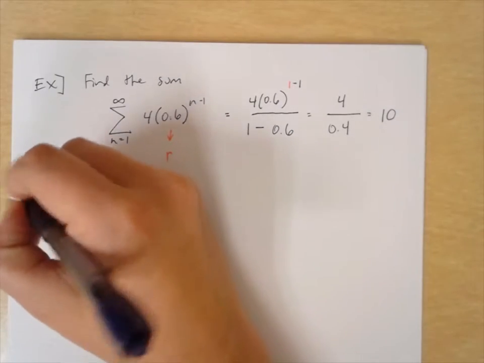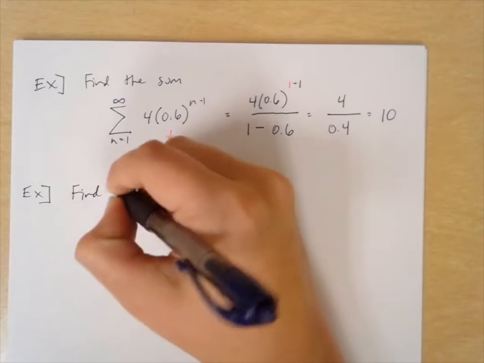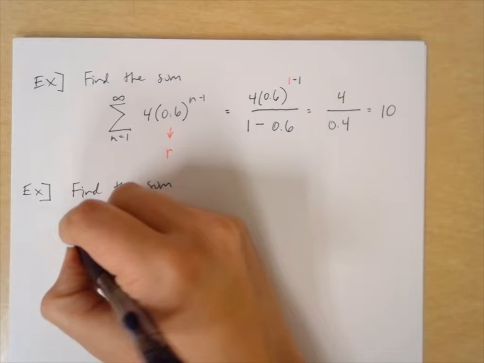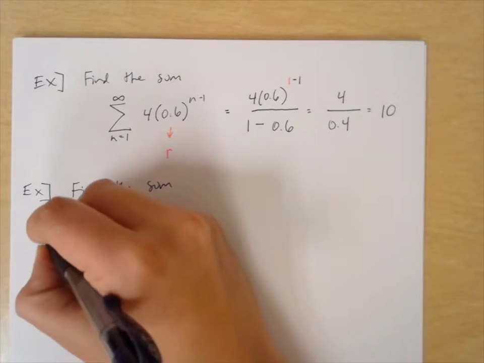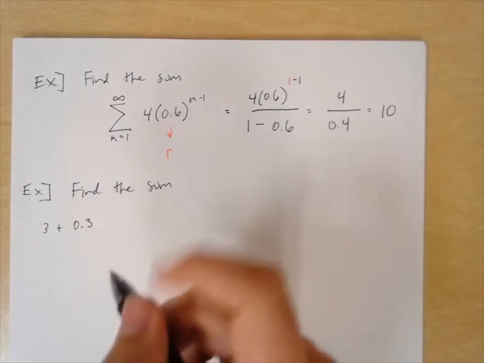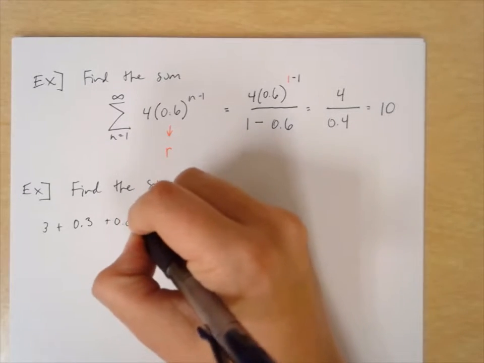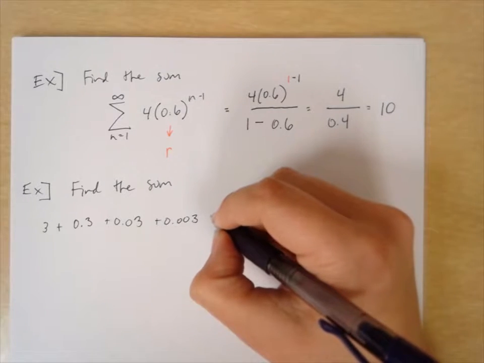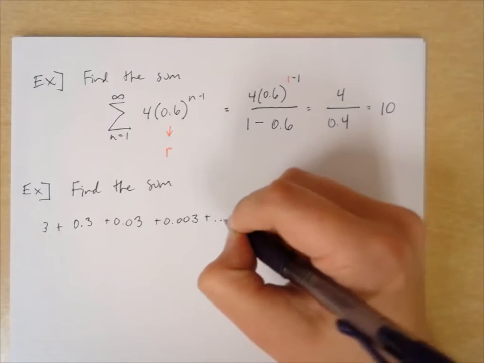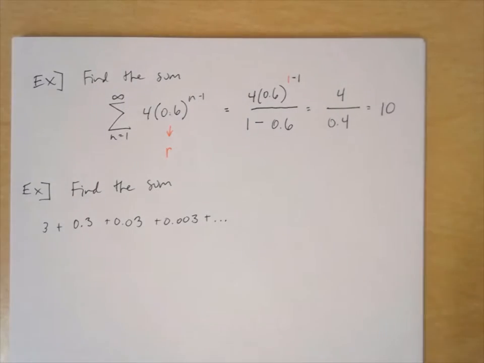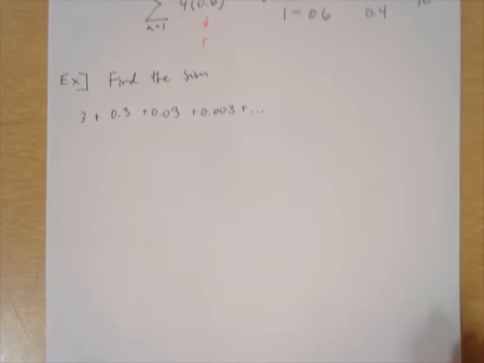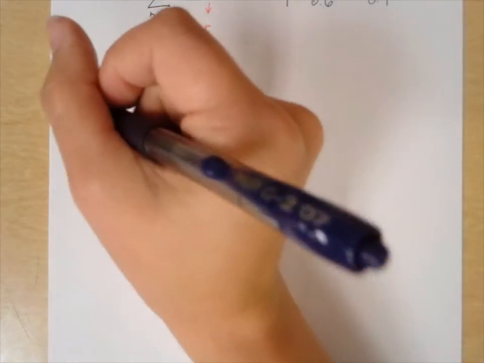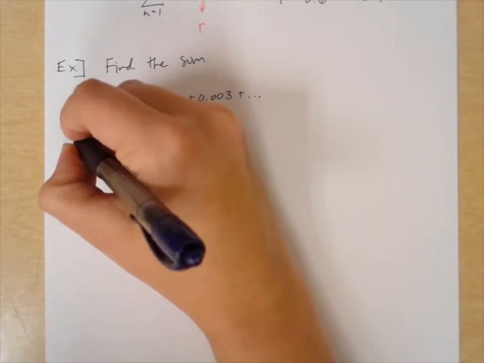Let's say, for example, I was given the task to find the sum of the following series written out. 3 is the first term, 3 plus 0.3 plus 0.03 plus 0.003, and then we have plus ... What I want to do first here to help you visualize what's happening is to write this out a little bit differently.